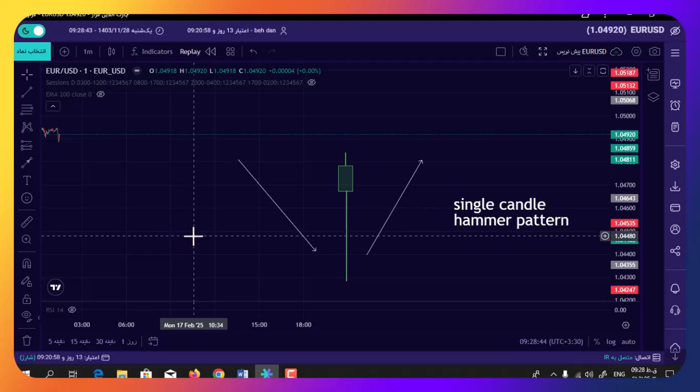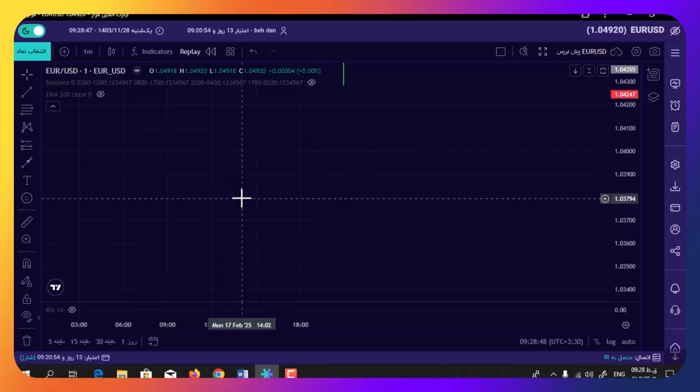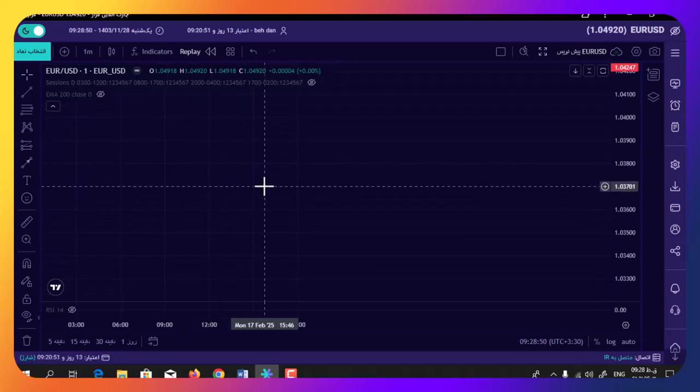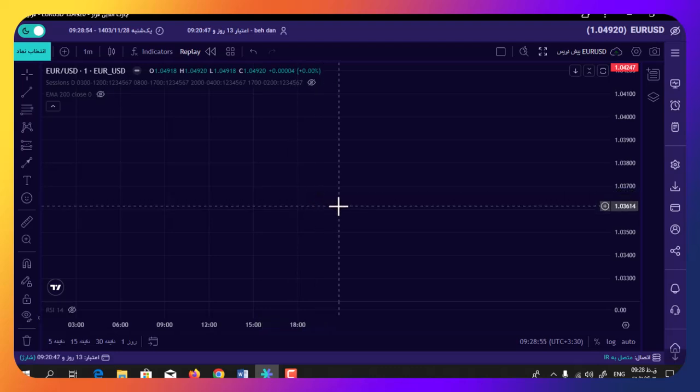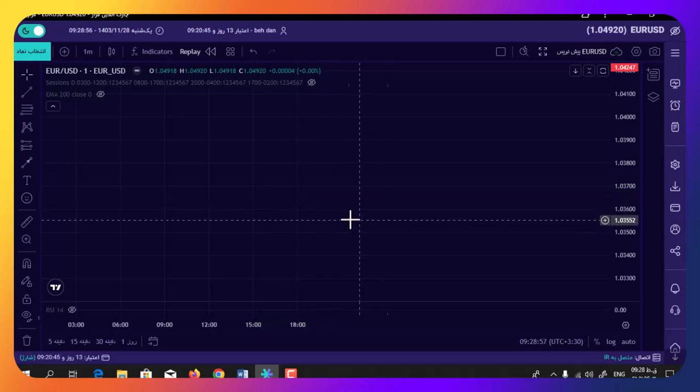Now let's talk about the opposite pattern of the hammer, the inverted hammer, or shooting star pattern.